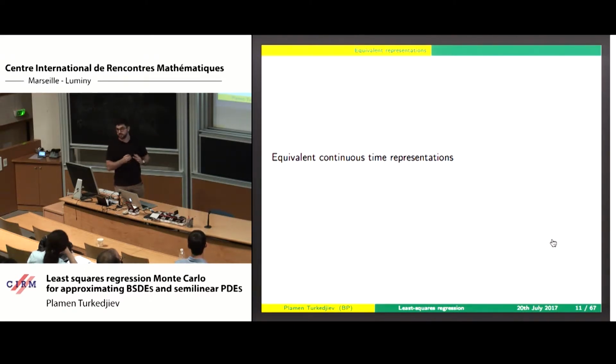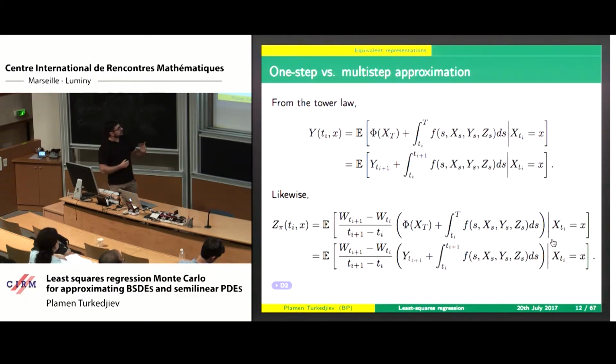Those will prove useful later when we try to build an explicit scheme, because the properties of the representations we use will have a very big impact on the performance of the algorithm. So these things will seem initially pointless, but in the long run will have a big effect.